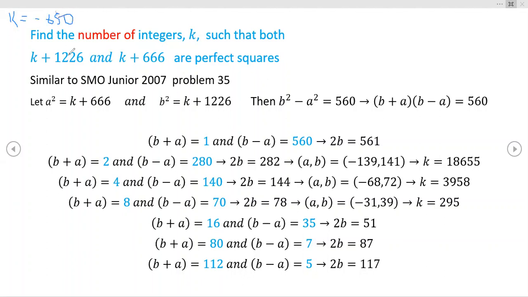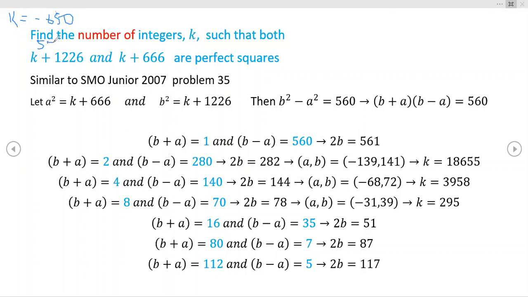Now notice right here, if you substitute minus 650 right here, you would get 576. You get 576, but that's equal to 24 squared, folks. Whoops, I lost my marker here. I got to invest in something better than this, ladies and gentlemen.